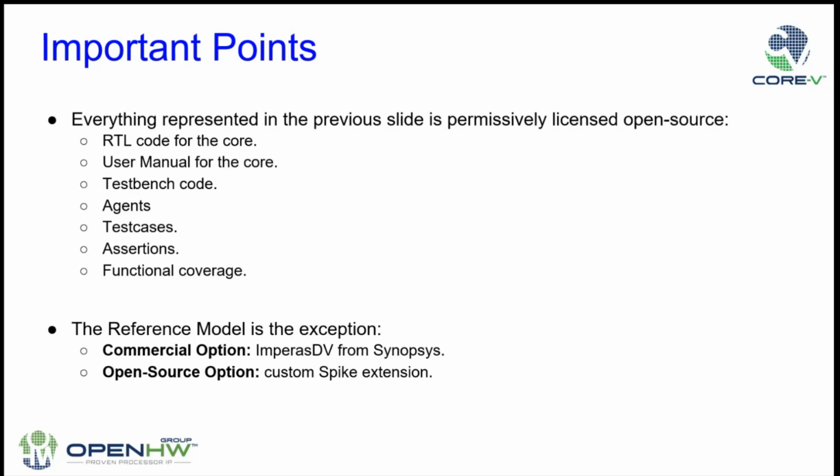We've got two models for the reference model. One is a commercial option from Synopsys called ImperasDV. I believe it's still called ImperasDV. That is by far the most popular reference model used in CORE-V-VERIF. Most projects use it. There is an open source option available as well. Two cores are using this, and this is a reference model based on Spike. Spike is an instruction set simulator from RISC-V International.